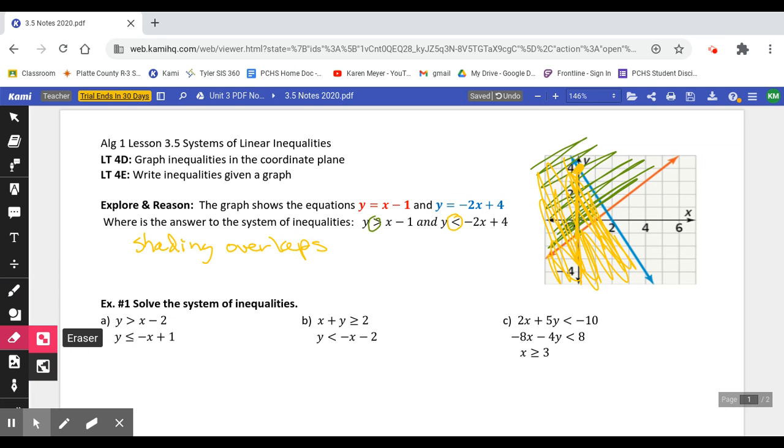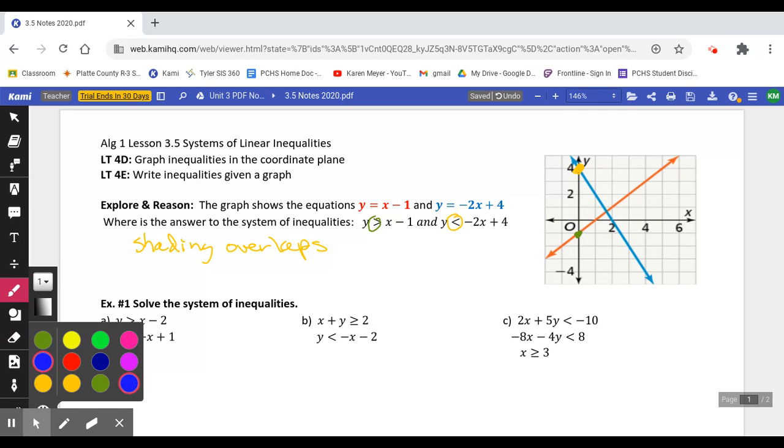I'm going to erase the parts that don't count so that we can have just the part that does. So you had to be above the red line, but below the blue line. So my final answer would be this part right here, shaded in blue.